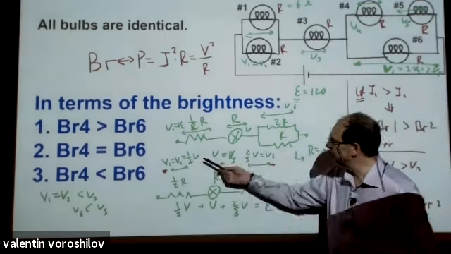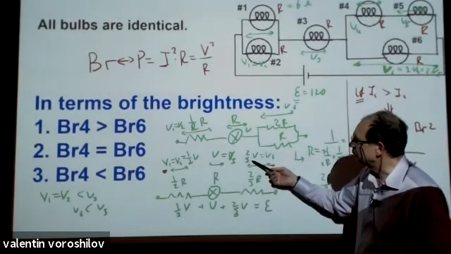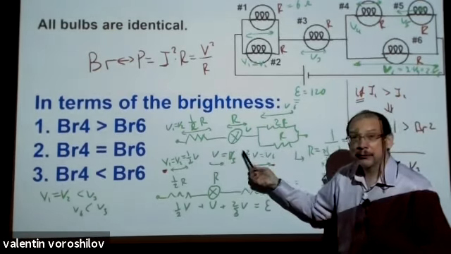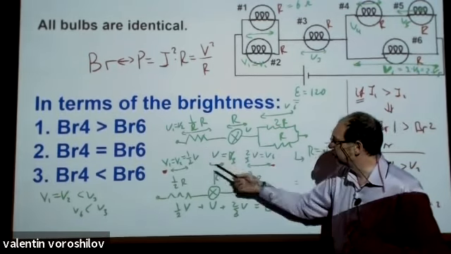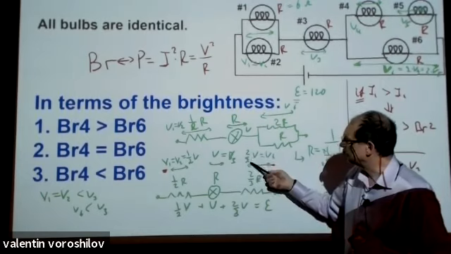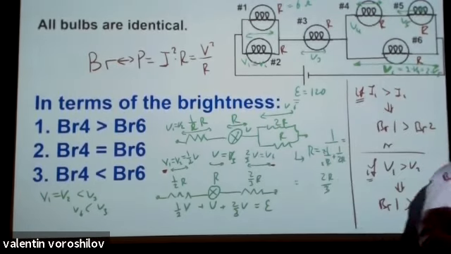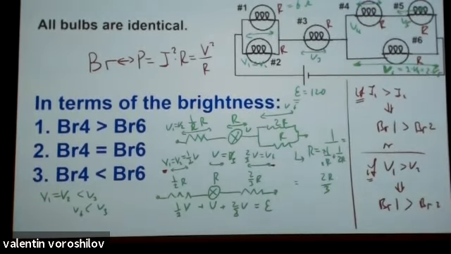V1 is 1/2 of V, V6 is 2/3. Which is larger, 1/2 or 2/3? Well, times 3 is 3, times 2, 4. Times 3 times 2, 3 versus 4, so V6 is greater than V1.